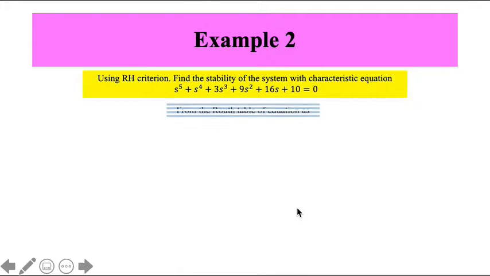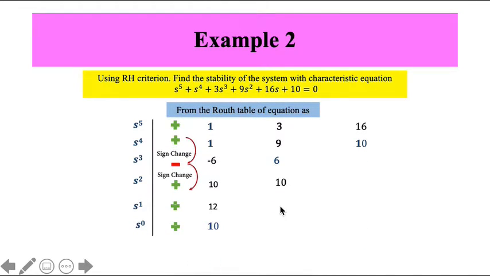So the Routh array for the given system has rows s to the power 5, then s to the power 4, s to the power 3, down to s to the power 0. Here the coefficients of s to the power 5 are 1, 3, then 16, and for s to the power 4 they are 1, then 9, then 10.